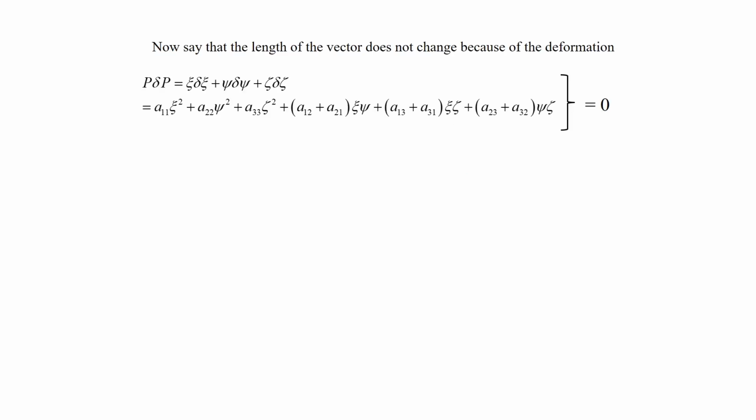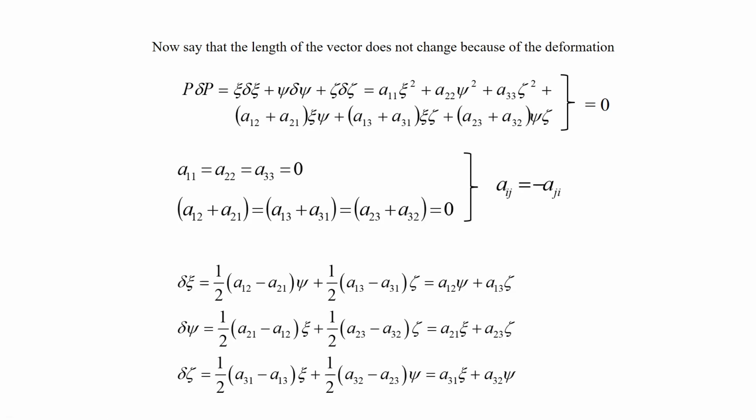Now, say that the length of the vector does not change because of this deformation. So, this delta p is given by this. This quantity has not changed because of p becoming p star. Therefore, p delta p should be equal to 0. Of course, xi, psi, zeta are not 0, so these coefficients have to be 0.